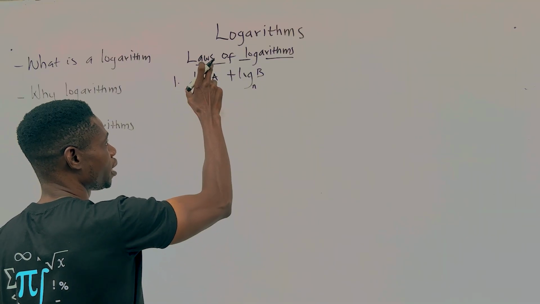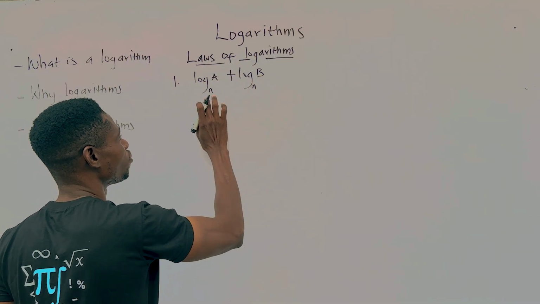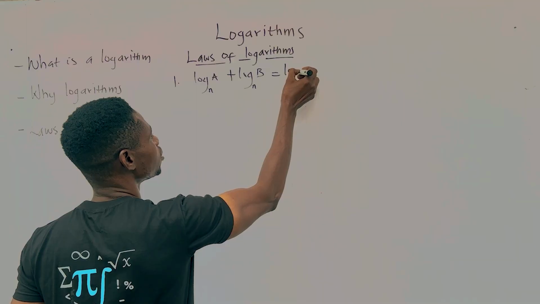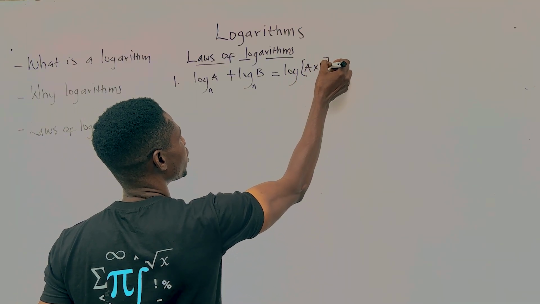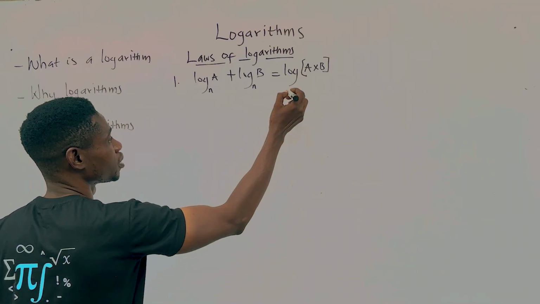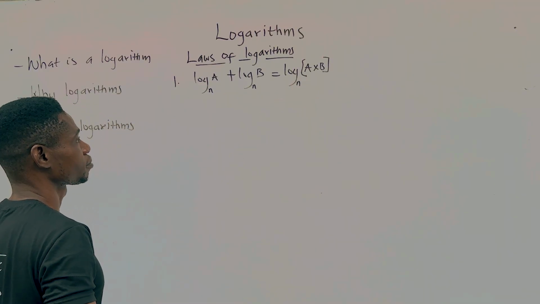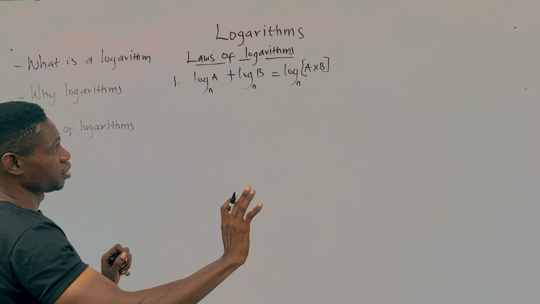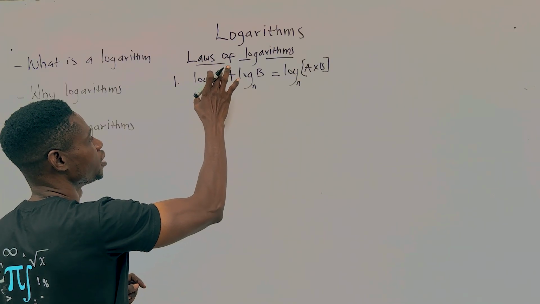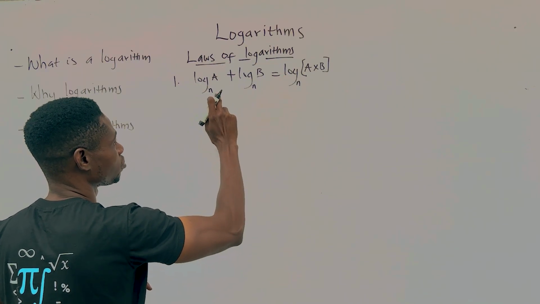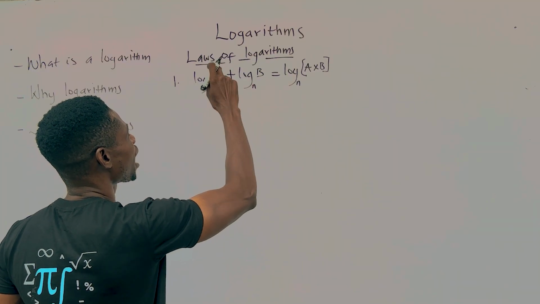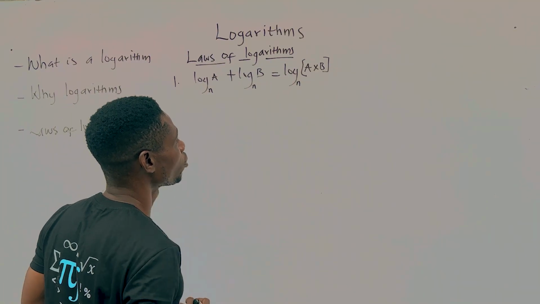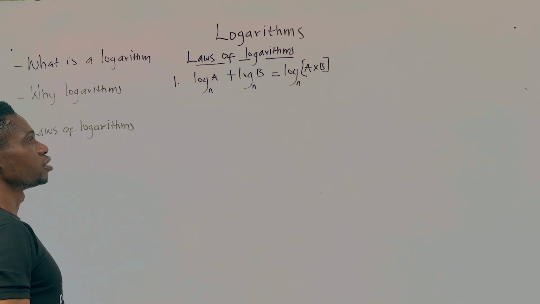So if you have log A plus log B of the same base, you can do log of A multiplied by B, same base. So this is the first law of logarithm. A logarithm plus another logarithm having the same base, you can pick the logarithm and multiply the arguments of the log.